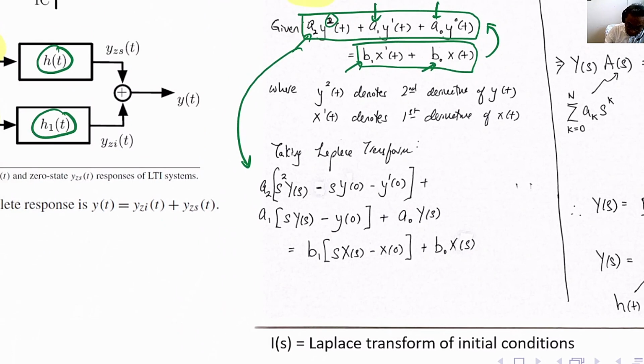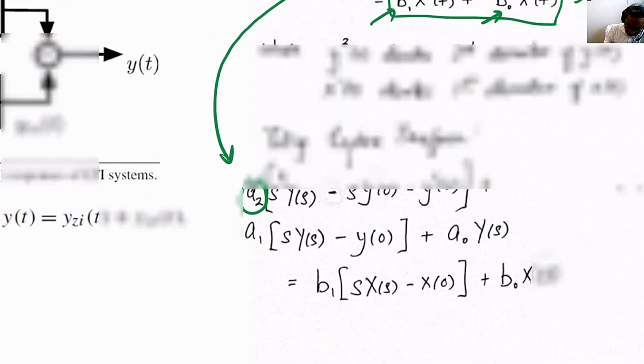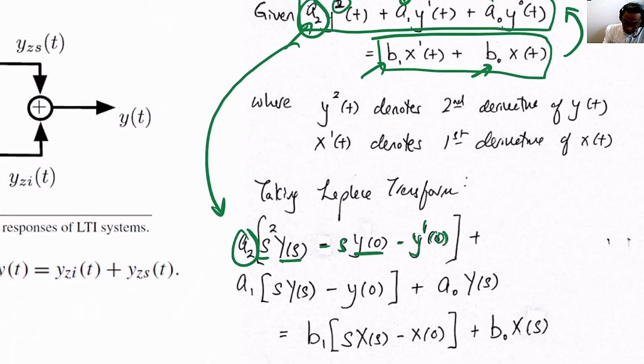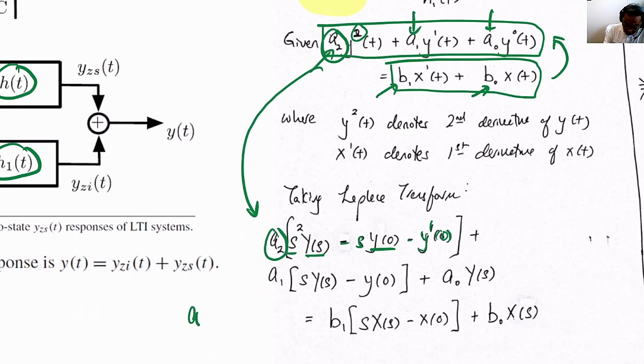So we have a2, the Laplace of the second order derivative of y of t, is s squared Y of s minus s y naught minus y prime naught. The Laplace of a1 dy/dt becomes a1 times s Y of s minus y naught. And the last one is a naught y, so we have a naught Y of s.